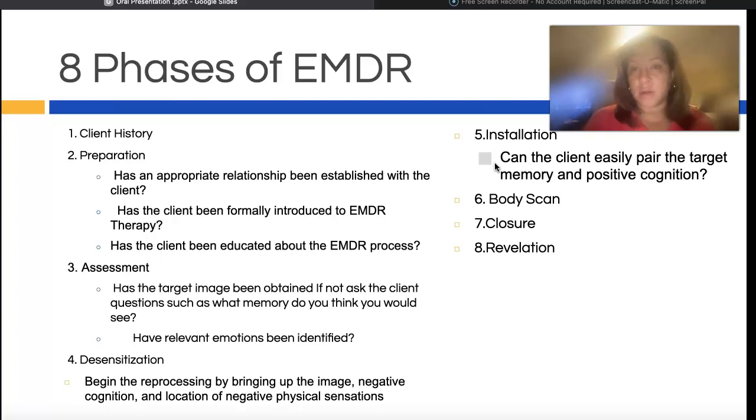So if it's with Sarah and it's a trigger or a fear factor for her to go to school, and that's why she drinks, so she can just get through the day numb, or a little bit less anxious, we want to go through and process the image of school, and then how can she pair that with a positive experience or a positive cognition. And then you want to do a body scan as far as how are you feeling, what is she going through, and how her body feels as she's processing through that.